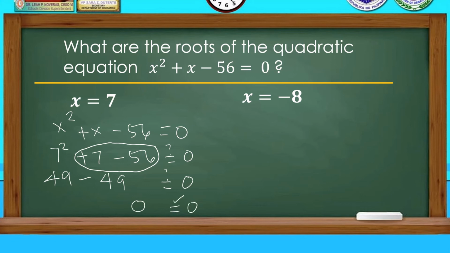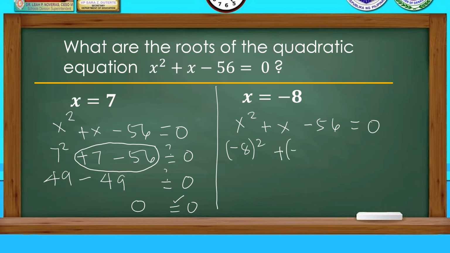Check. Next, the other value of x is negative 8. So we have x squared plus x minus 56 equals 0. Substitute negative 8 for x: negative 8 squared plus negative 8 minus 56 equals 0.